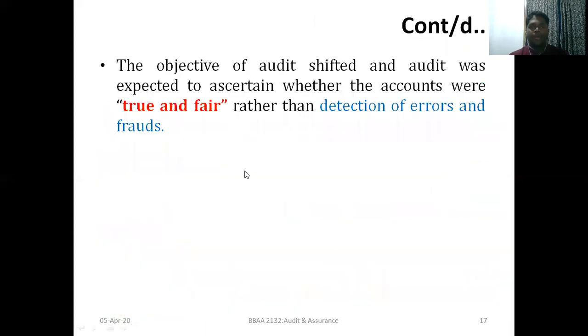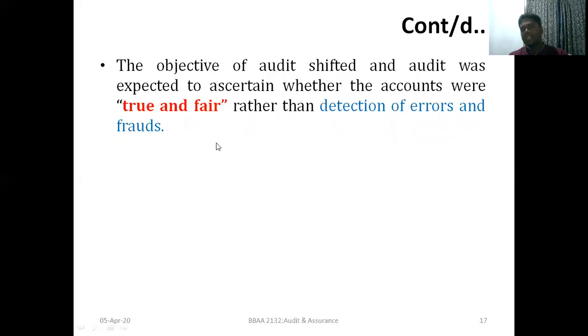Then the objective of audit shifted, meaning it moved or changed, and the audit was expected to ascertain whether the accounts were true and fair rather than detect errors and fraud.